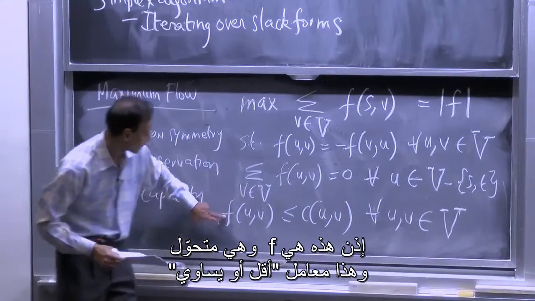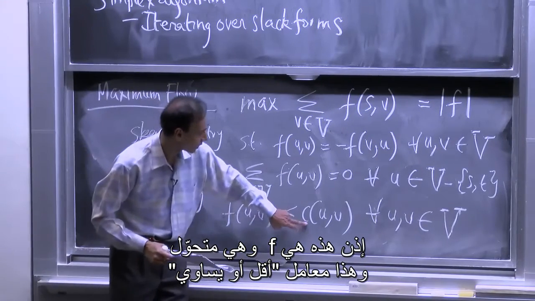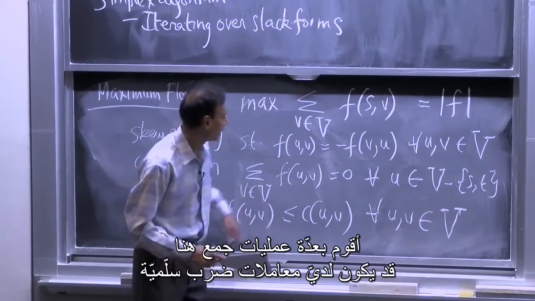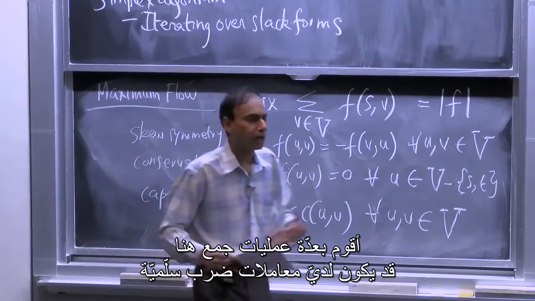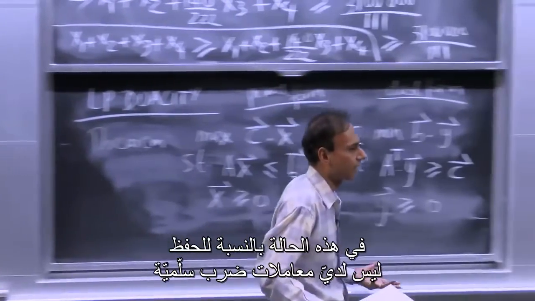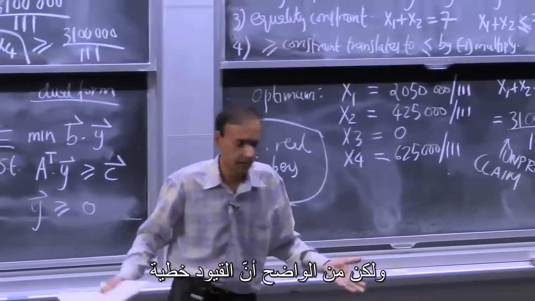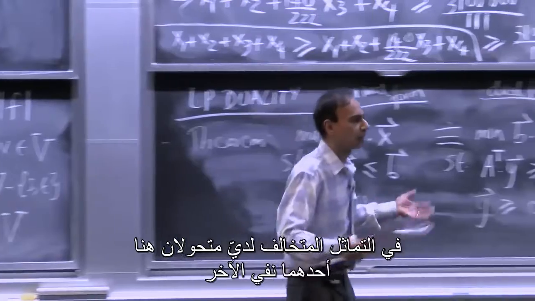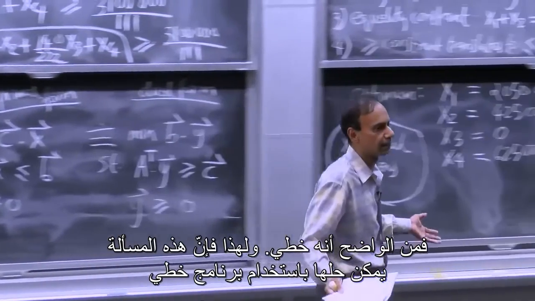So this is F, a variable that's less than another constant, clearly linear. Doing a bunch of sums here. I could obviously have scalar multipliers. In this case, for conservation, I don't have scalar multipliers, but clearly linear. Skew symmetry, got two variables in here. One of them is the negation of the other, clearly linear. So that's why this is an LP.